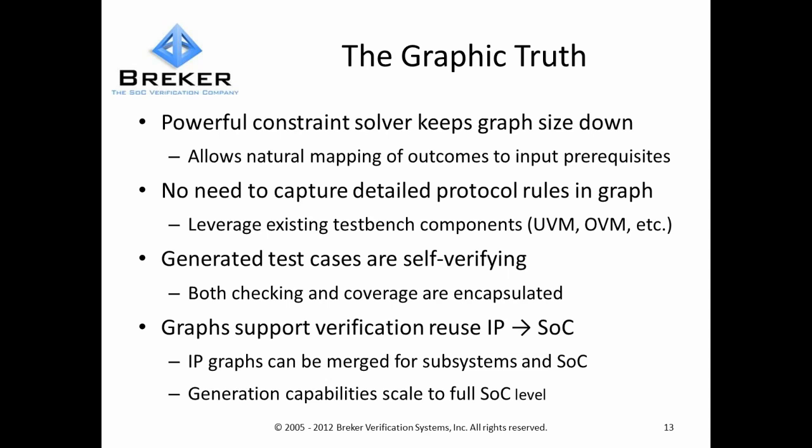And of course, the big advantage has been being able to do the clean, seamless route from IP to SoC, where from the same model we're able to generate transactional tests at the IP UVM level, and just push a button and generate those transactional tests. Restart is supported for the tool itself.